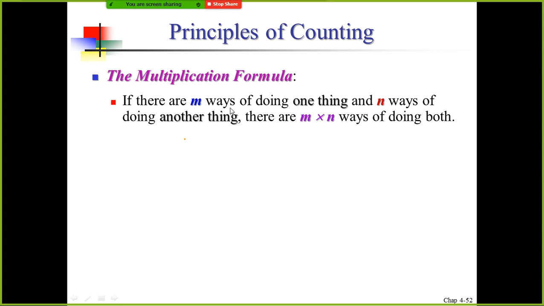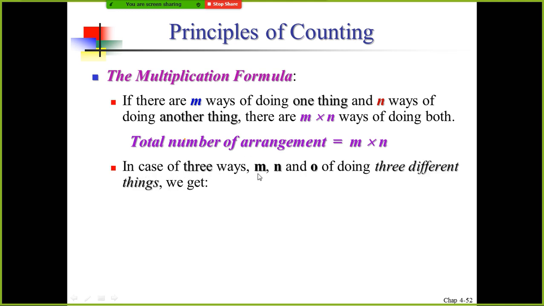If there are m ways of doing one thing and there are n ways of doing the other thing, we will have m multiplied by n ways of doing both things. In order to do this thing, we have m ways, and for the other thing, we have n ways. So in order to do both things together, we have m multiplied by n ways. So the total number of arrangements is m multiplied by n if we have two objects or two things with different numbers of ways of doing those things.